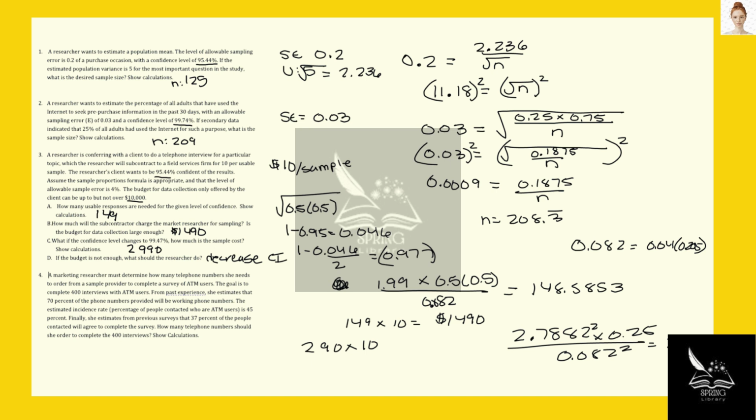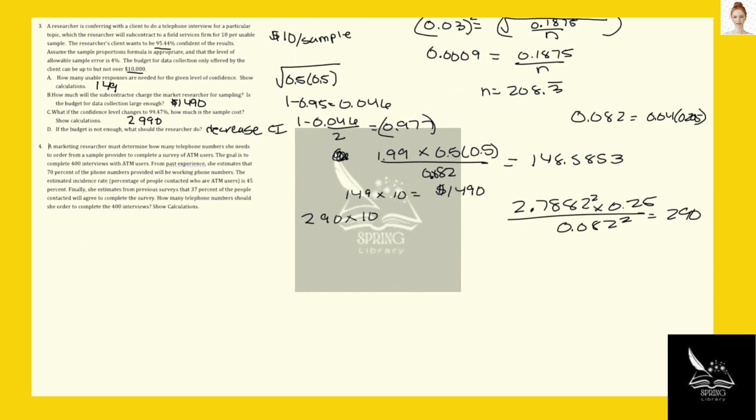So it says a marketing researcher must determine how many more telephone numbers she needs in order to order from a sample provider to complete a survey of ATM users. The goal is to complete 400 interviews with ATM users. From past experience, she estimates 70% of the phone numbers provided will be working phone numbers.